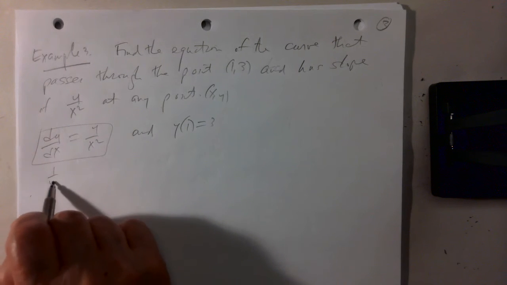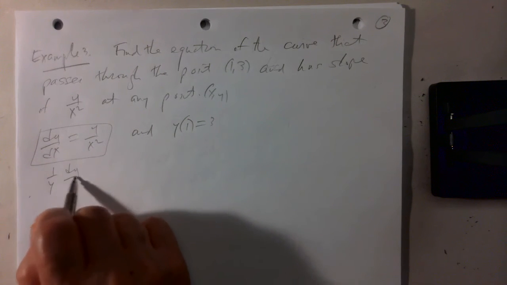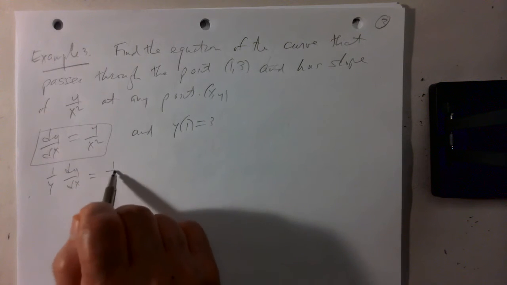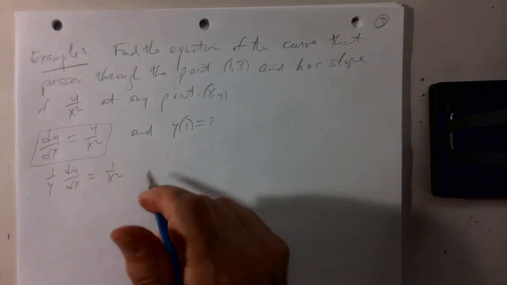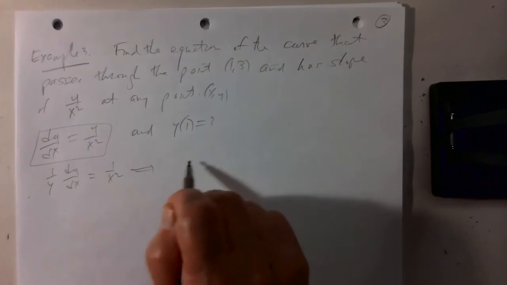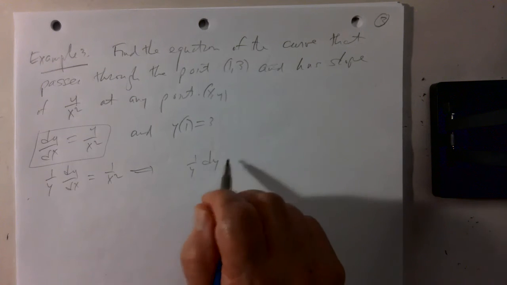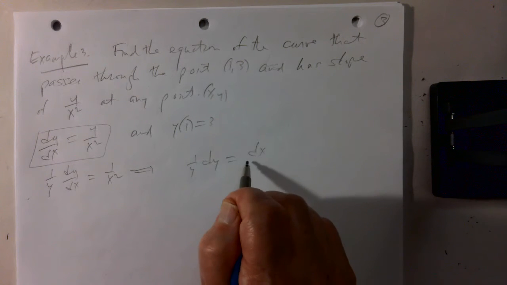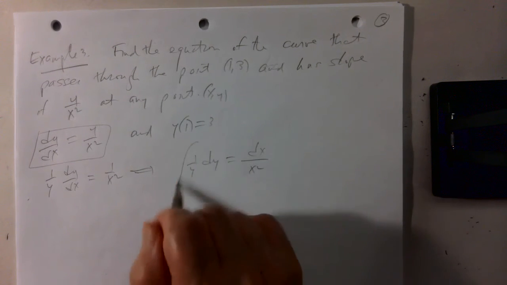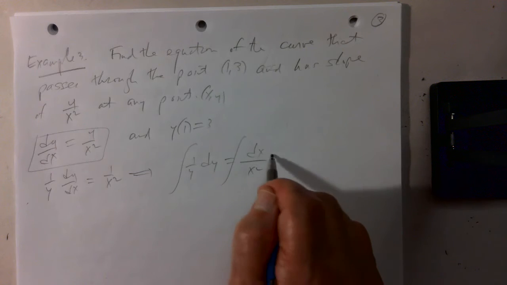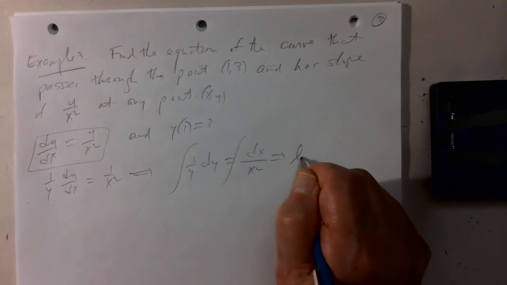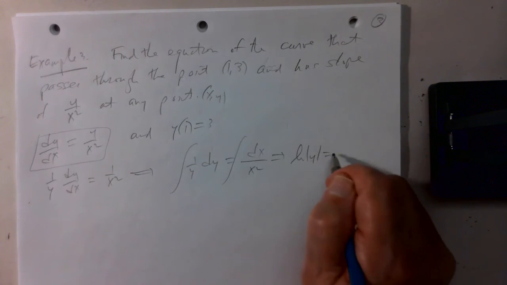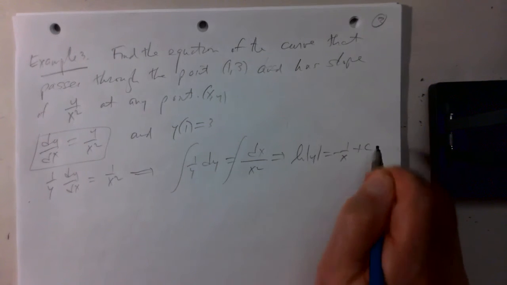I can write this as 1 over y dy/dx equals 1 over x squared, or 1 over y dy is dx over x squared. And then I integrate. So I get the log of the absolute value of y is minus 1 over x plus a constant.